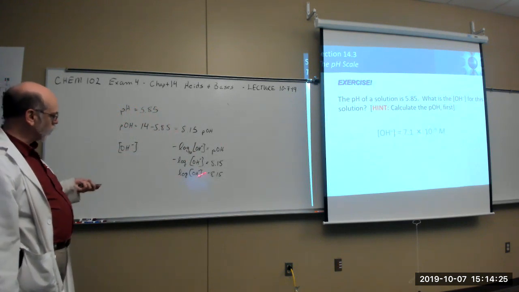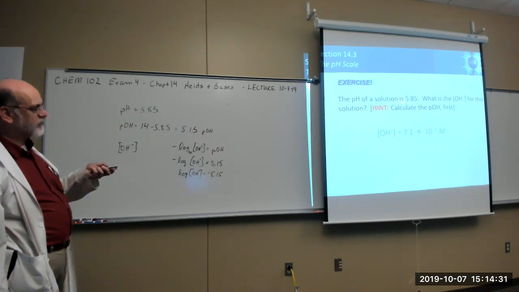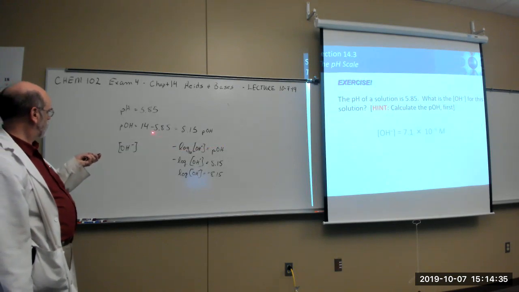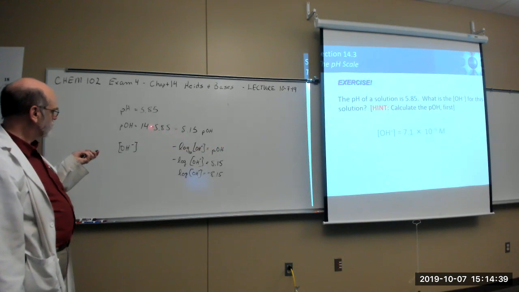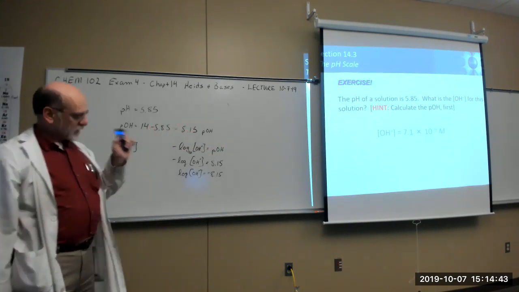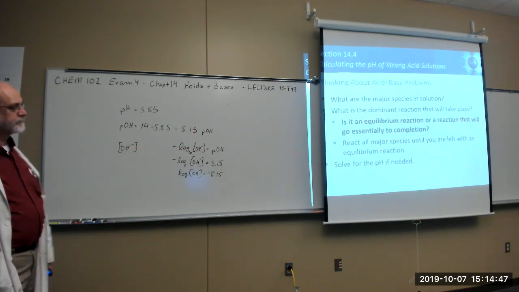We run through that whole situation, take the anti-log of minus, no, not 5.85, 14 minus 5.85, 8.15. Then you get the hydroxyl concentration.